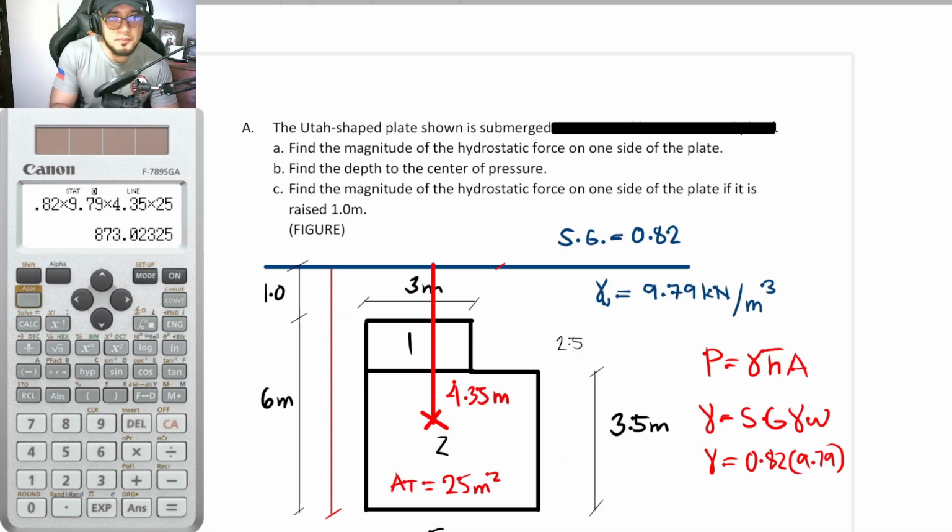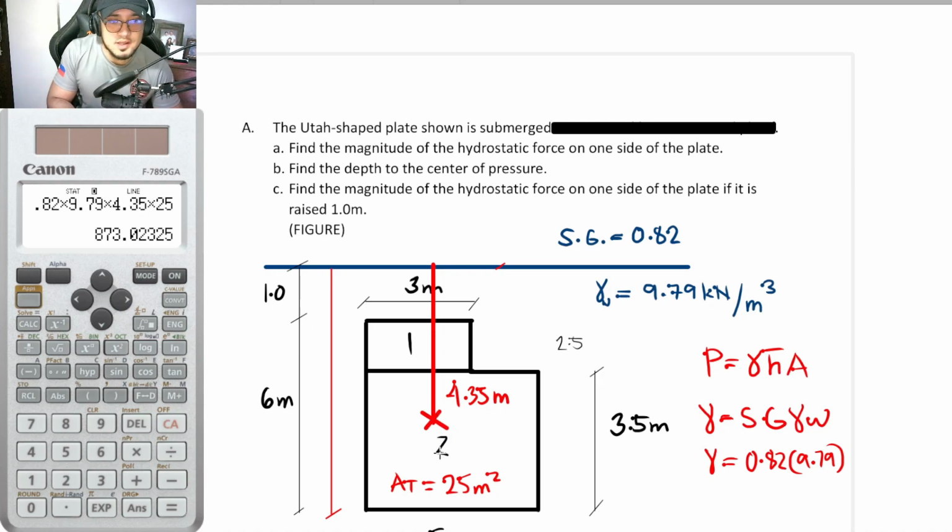Okay, so next up, find the depth to the center of pressure. So as mentioned earlier, let's say that this is now the center of gravity. The center of pressure, or the resultant of that particular pressure that we have solved for earlier, is not located along this point. It is actually located a distance below the center of gravity.